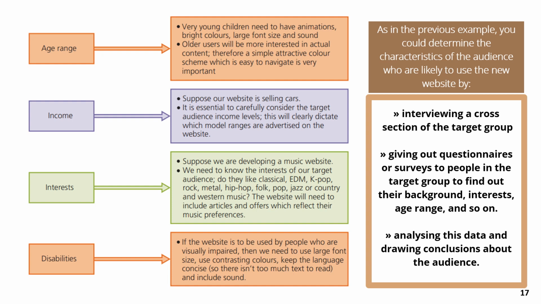This will give you an idea of the kind of content you should put on your website. The last one is analyzing this data and drawing conclusions about the audience.